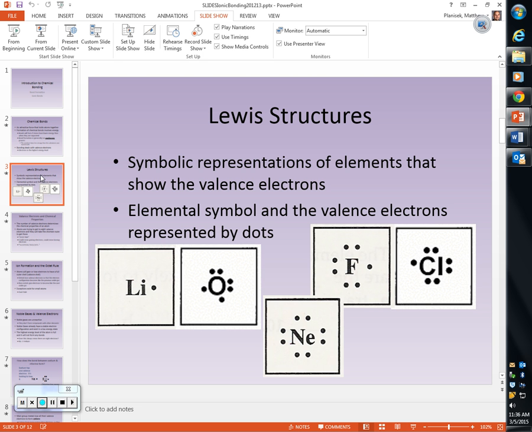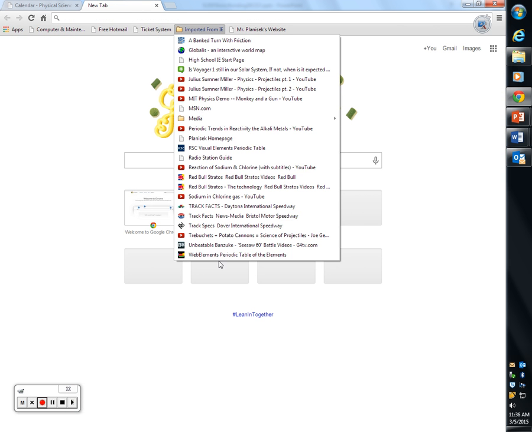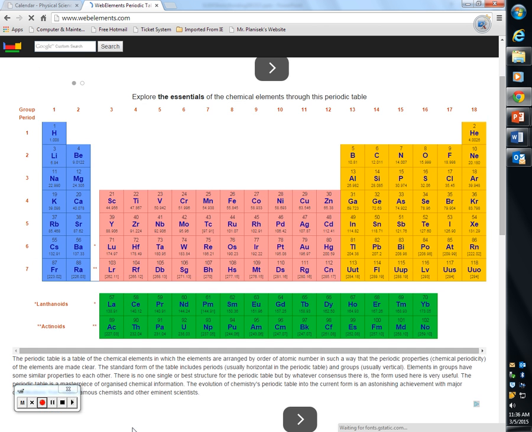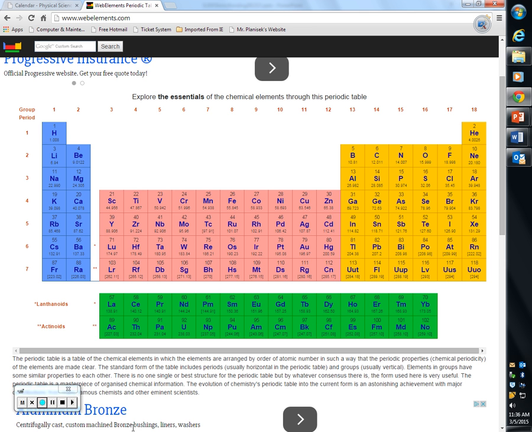Depending on what group it's in, that will tell you how many valence electrons it has, right? Based on its location on the periodic table, Group 1 has 1 valence electron.